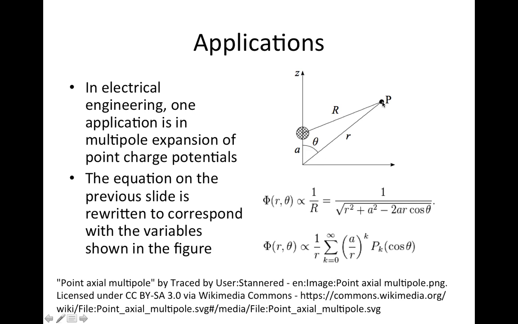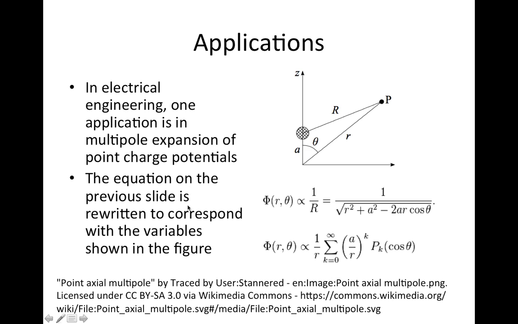And then we have our observation point located a distance big R away from our point charge and a distance little r away from our origin. And so the potential can be written as approximately 1 over big R. And big R is geometrically related to a and little r. So we can write that as this expression, which we mentioned on the previous slide, is actually a sum over the Legendre polynomials.